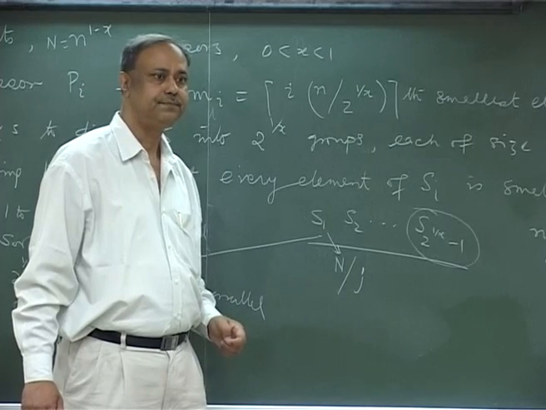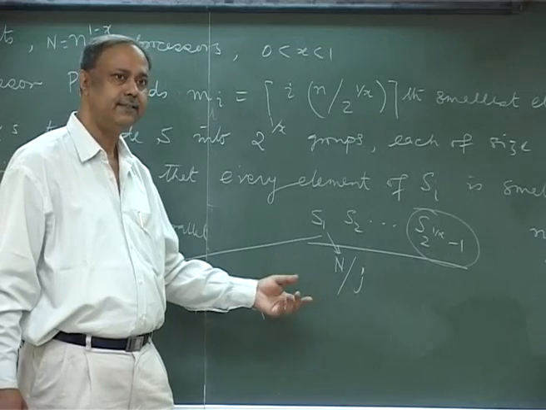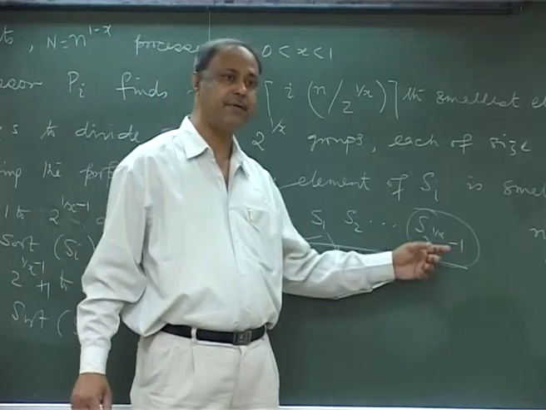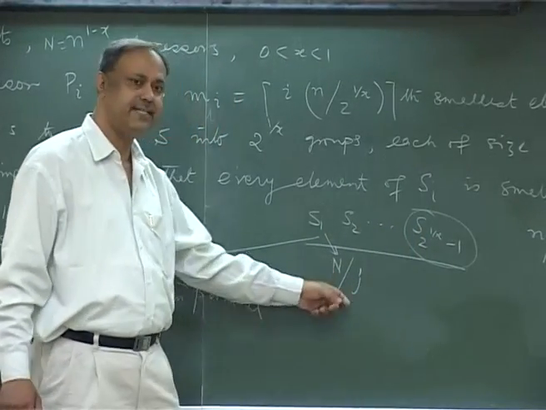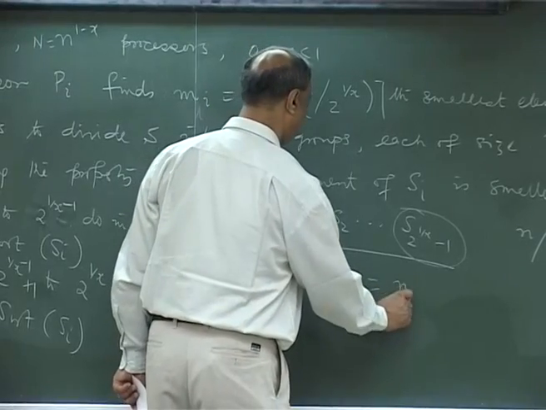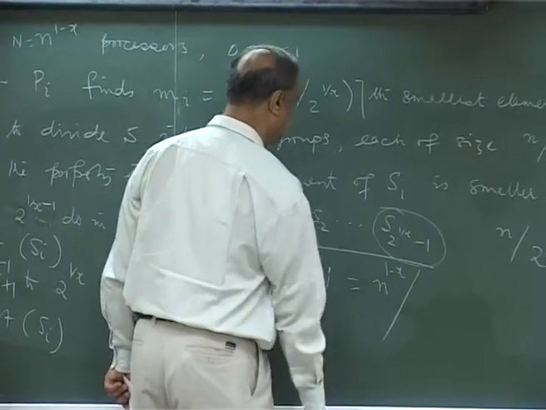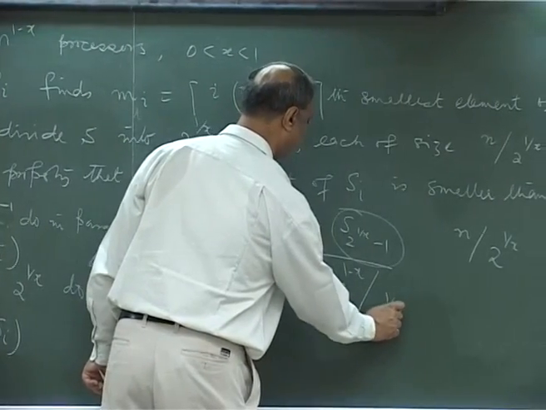Agreed or not? At most I can give that, not more than that, because the total number of processors is capital N and there are j subsequences. So N by j. N is what? N is n to the power 1 minus x. J is what? 2 to the power 1 by x.